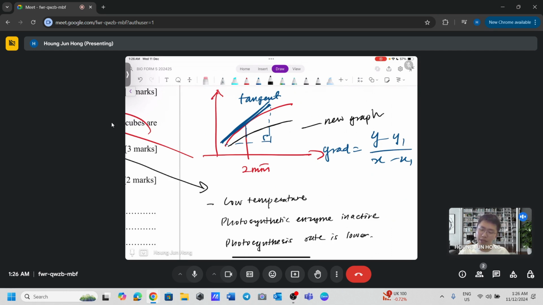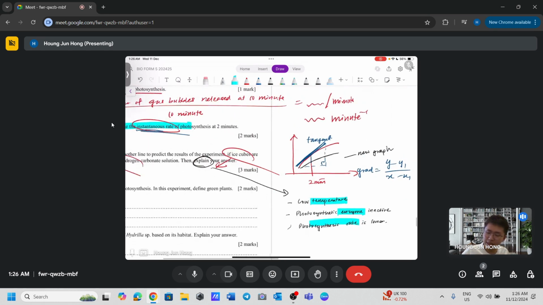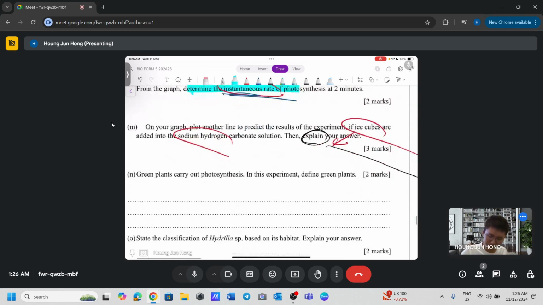That's the explanation about the temperature, about the enzyme, about the rate of photosynthesis. Okay, that's it for this question.